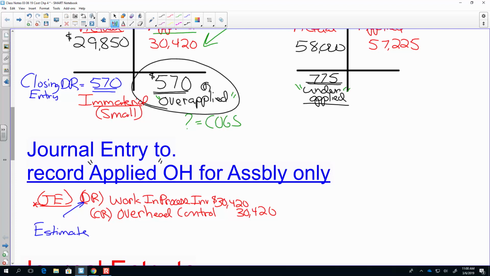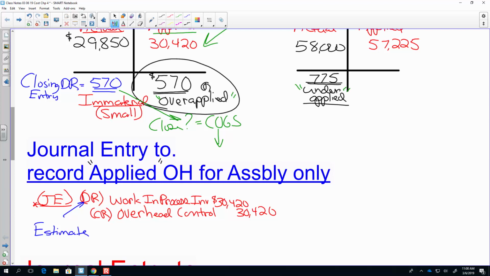If I have an over-applied closing entry, in this case it was over-applied by 570, what effect does that have on cost of goods sold? Cost of goods sold will go down if it's over-applied and I'm closing it. Just think about it. I put too much in, so I've got to back it down with a reduction.